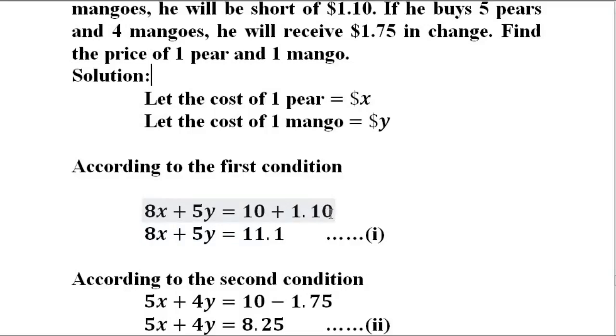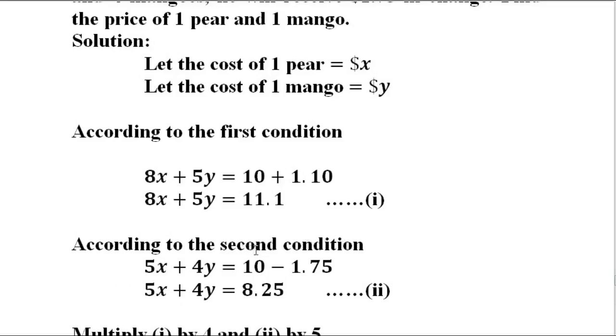This equation also shows the total cost of 8 pears and 5 mangoes. Now, 10 plus 1.10 equals 11.10, which is the total cost of 8 pears and 5 mangoes. I'll name this equation as our first equation.